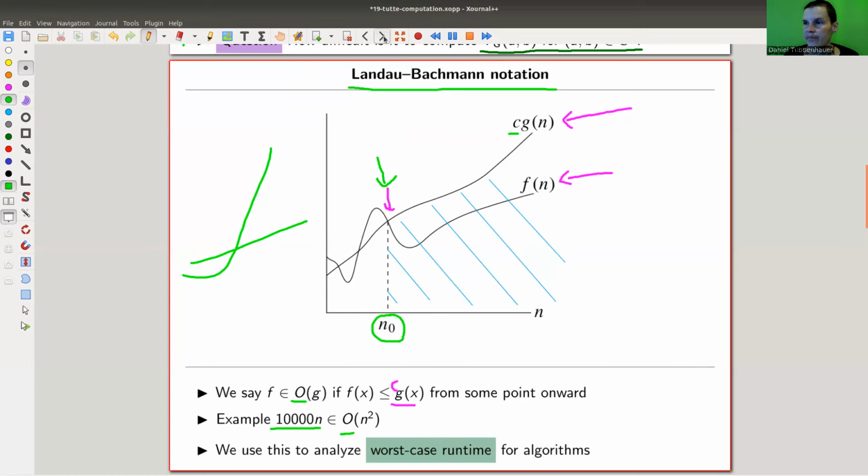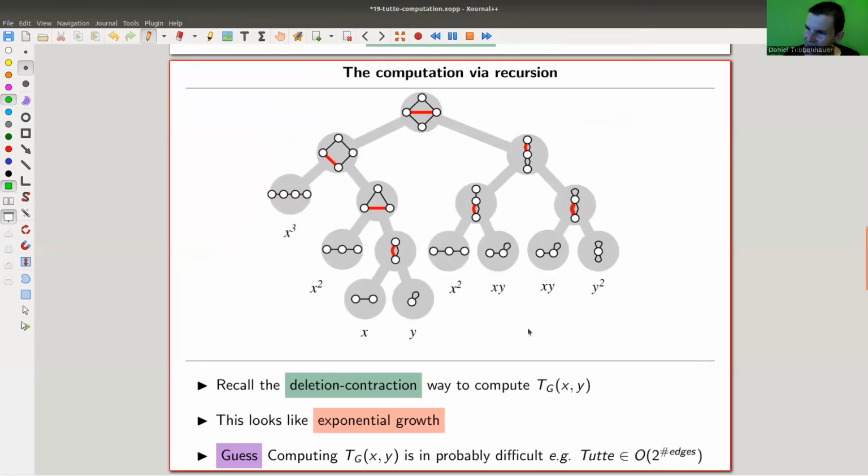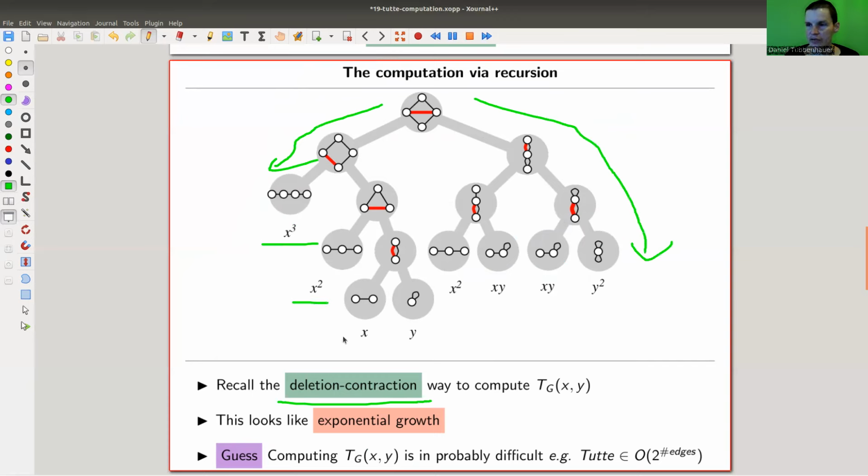Okay, and as you can see here, this was our little recursion, the deletion and contraction, and you just do it. In each step, you have two choices, and eventually you get two very simple graphs, and every line gets associated to a polynomial in x, and every loop gets associated to a y, the variable y.